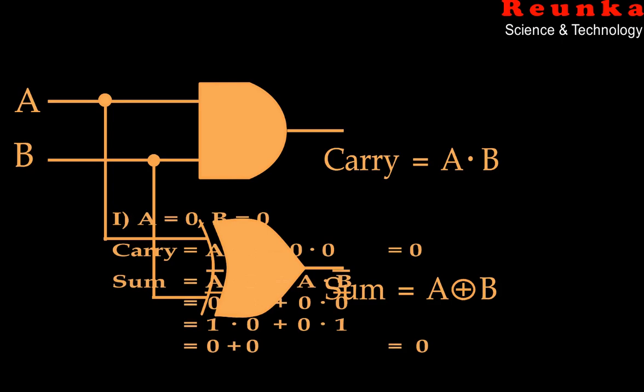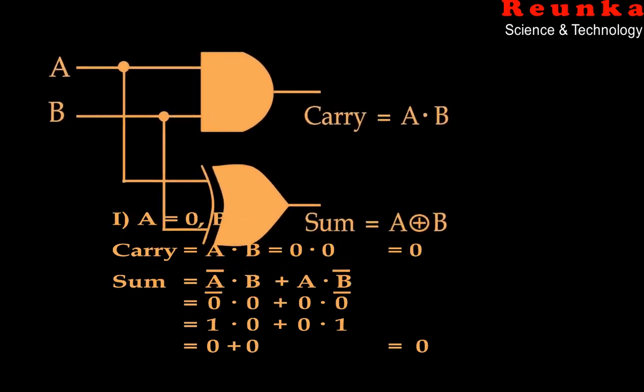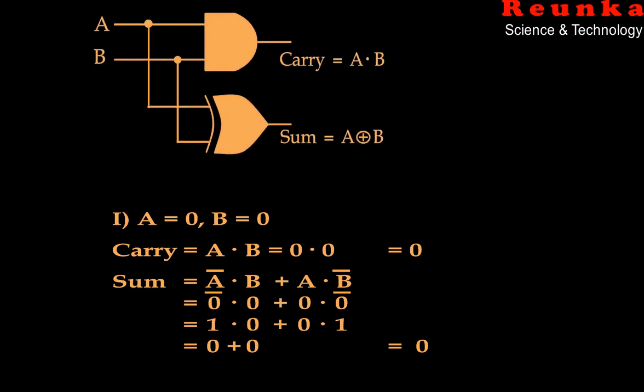First of all, let the A input and B input both be 0. At the carry output, it is the multiplication of 2 inputs, so 0 multiplied by 0, obviously it will be 0. The sum A XOR B is simplified as A complement dot B plus A dot B complement.